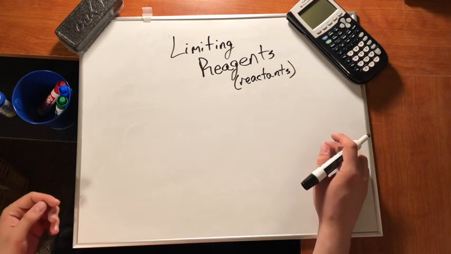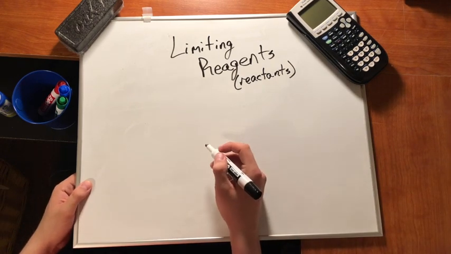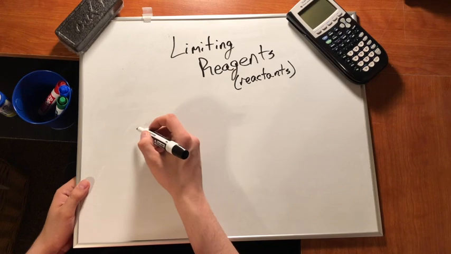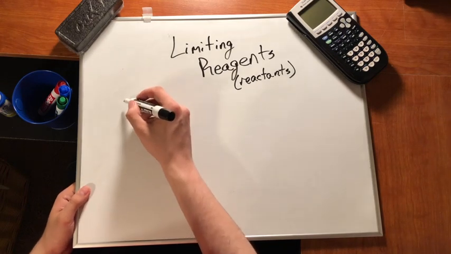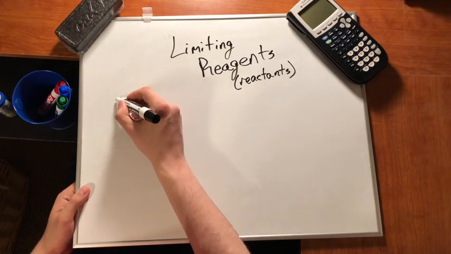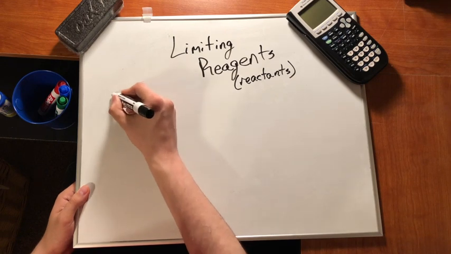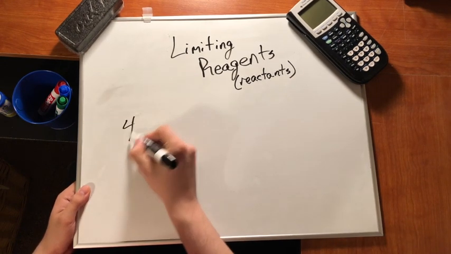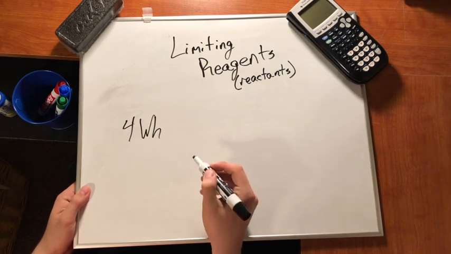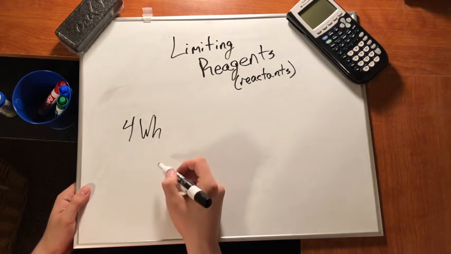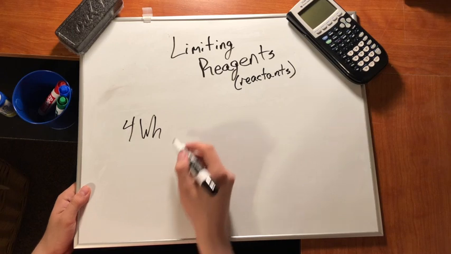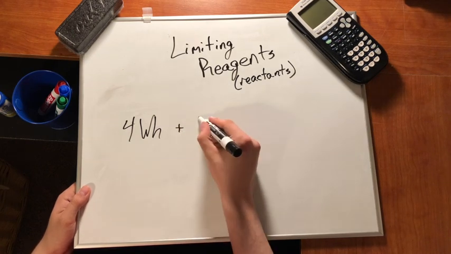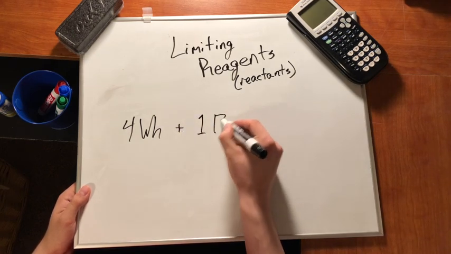Okay, so let's think of this in terms of building something, right? Let's say I want to build a wagon, and I need 4 wheels. I'll abbreviate wheels as WH. 4 wheels for my wagon, and then 1 body part, right?